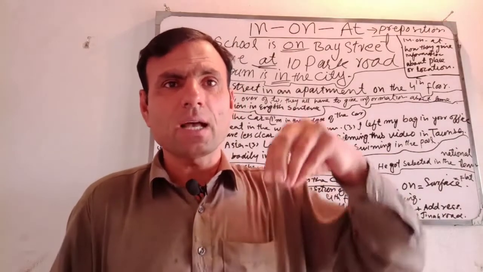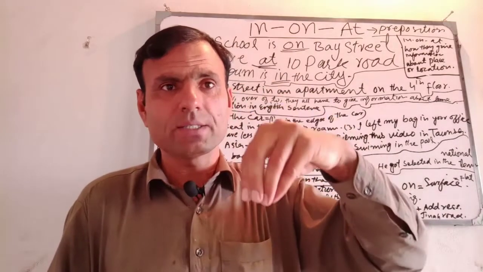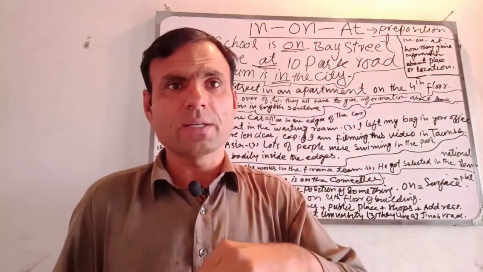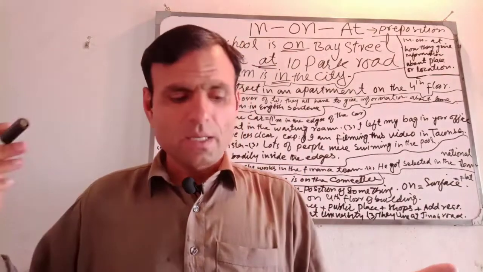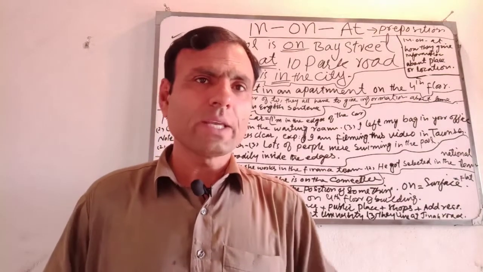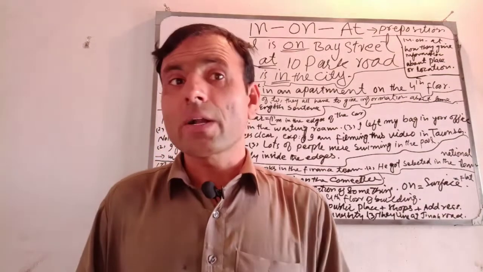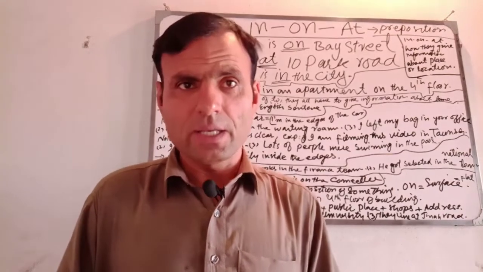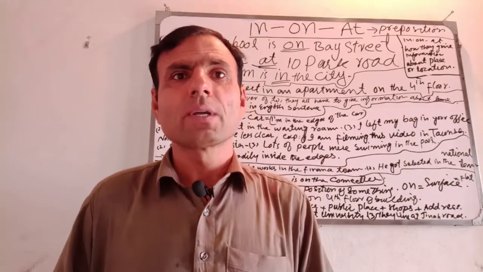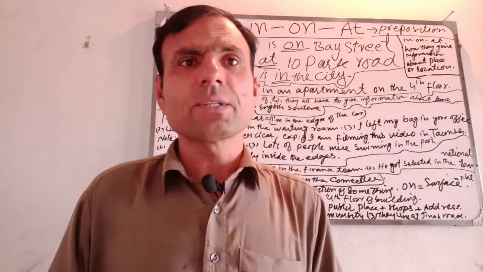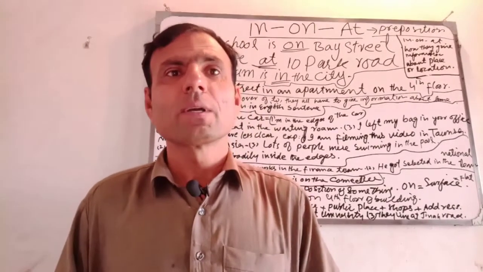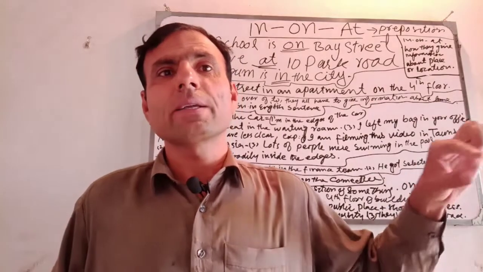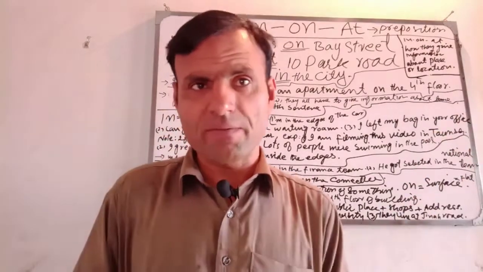The other one is at. It tells us about a point, a specific point. For example, there is a book. We can say there are 100 pages in this book. Quaid-e-Azam is written on page number 40, its surface. The page number is at the top of the page.